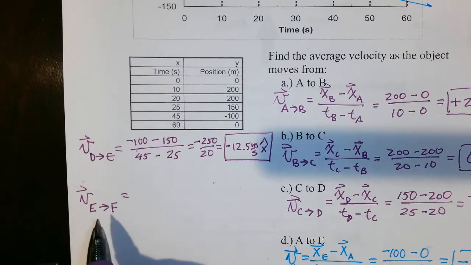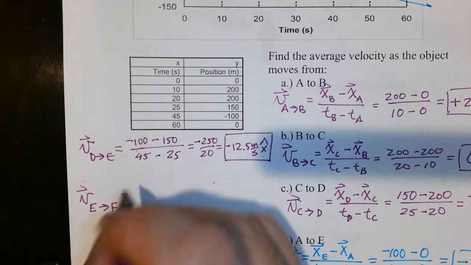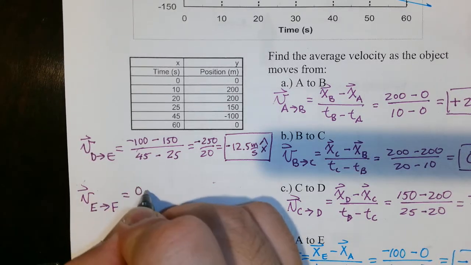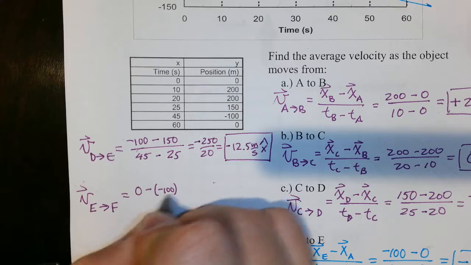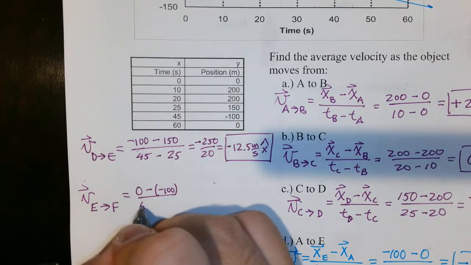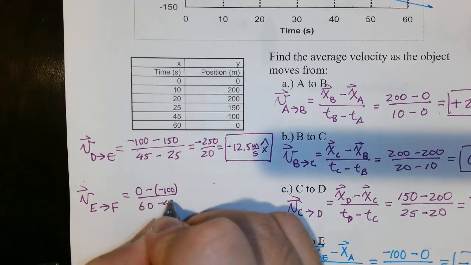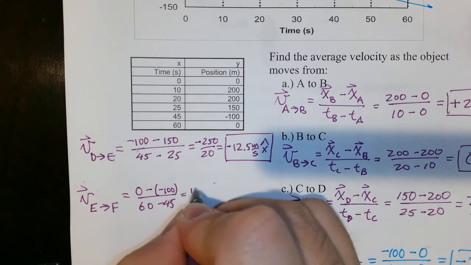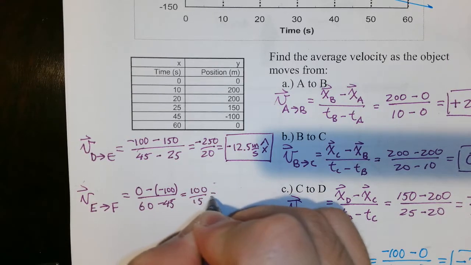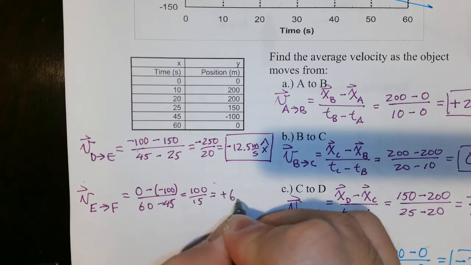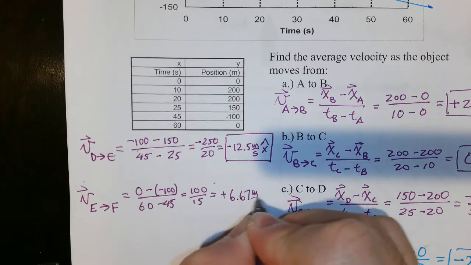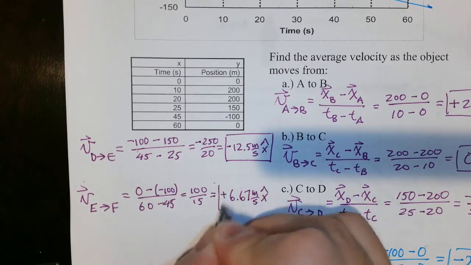And the average velocity from E to F, we have 0 minus negative 100 over 60 minus 45, and that is 100 over 15, and that comes out to positive 6.67 meters per second.